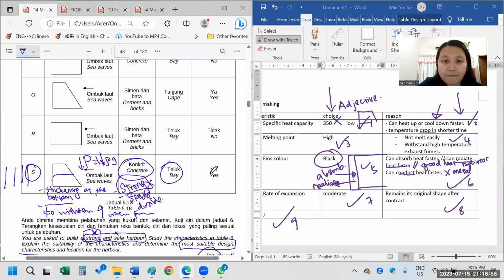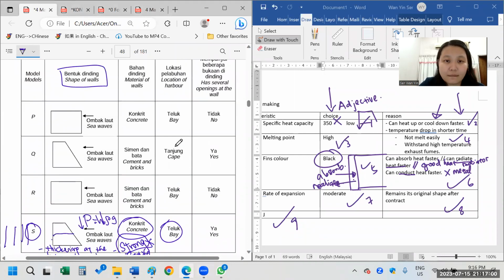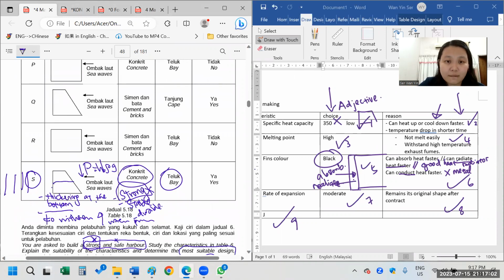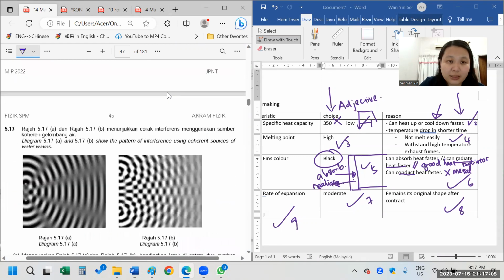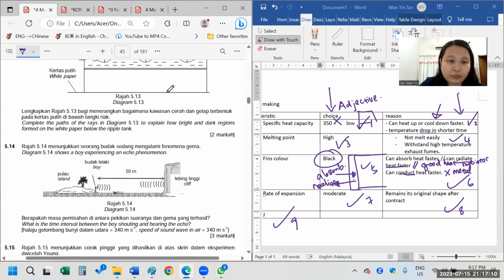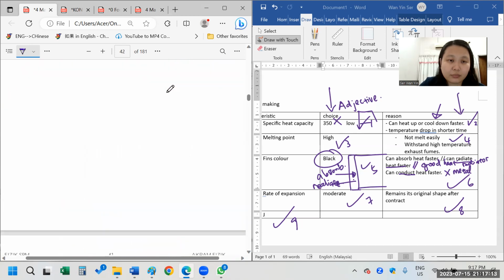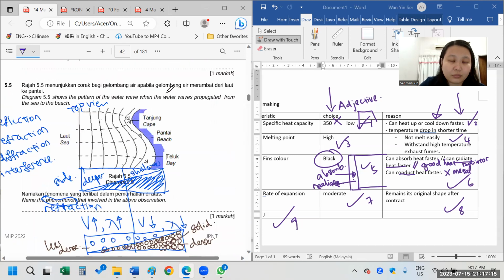Okay, now bay. Why bay? Why not cape? Why bay? Beach means the bay. Why not cape? So we put the retaining wall here.